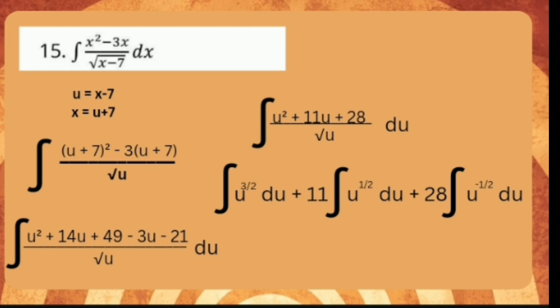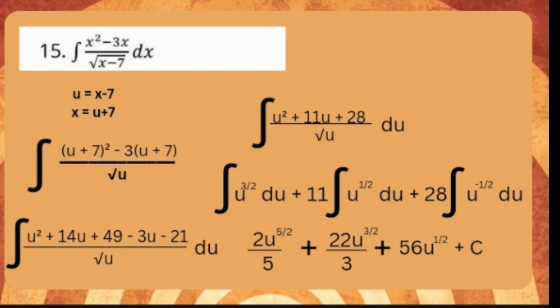And now, let's integrate each term separately. So, it will become 2u raised to 5 over 2 over 5 plus 22u raised to 3 over 2 over 3 plus 56u raised to 1 half plus c, or 56 square root of u plus c.